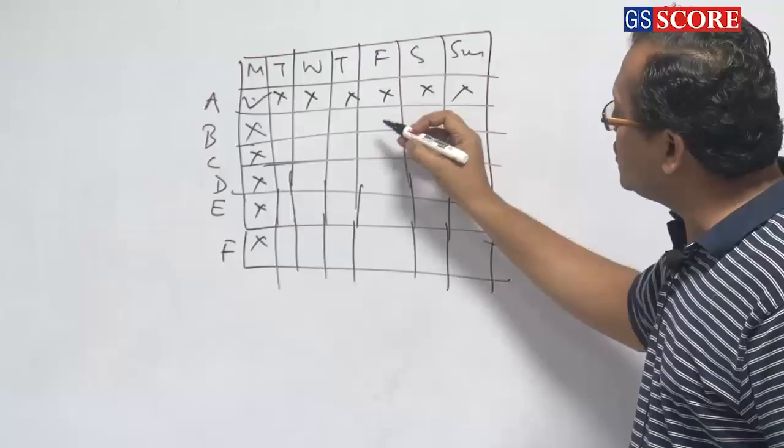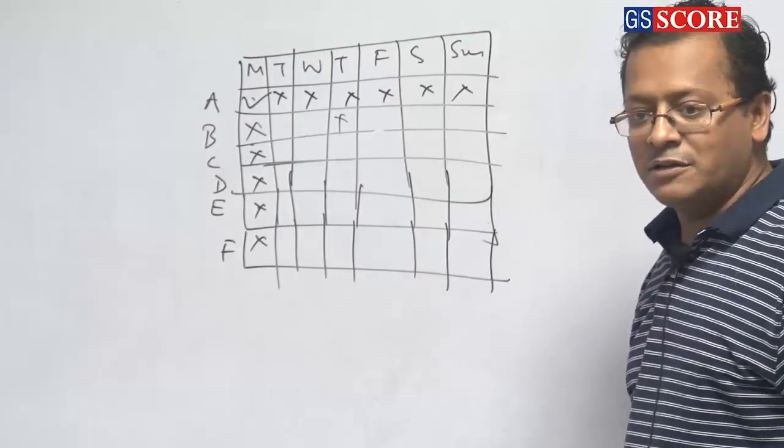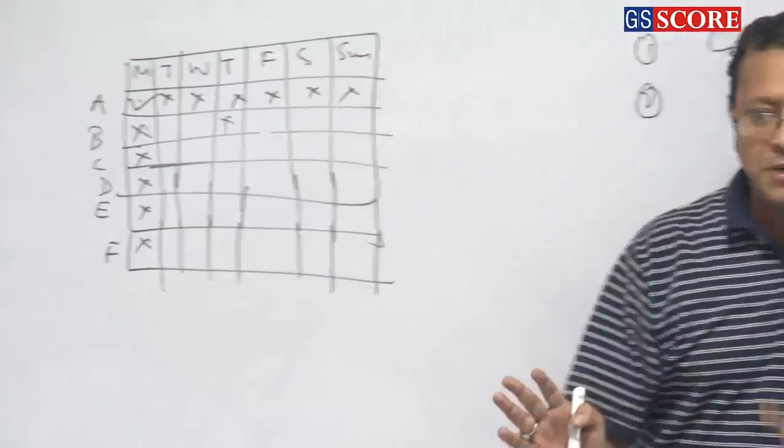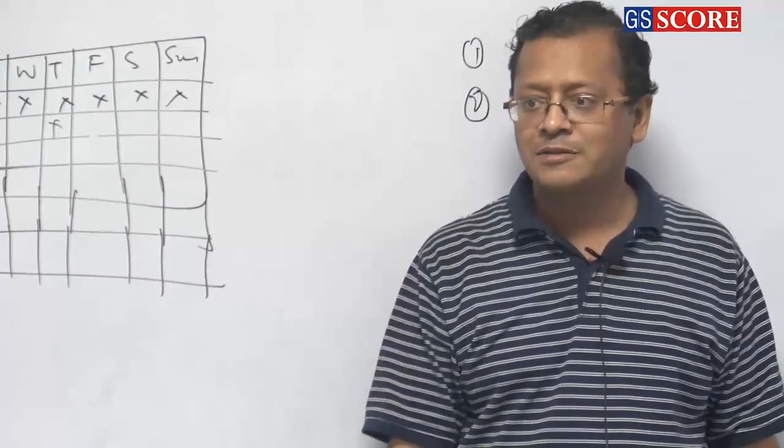B does not teach on Tuesday, you make it a cross straight away. You can use the tick cross method, and you will be able to solve questions like this.